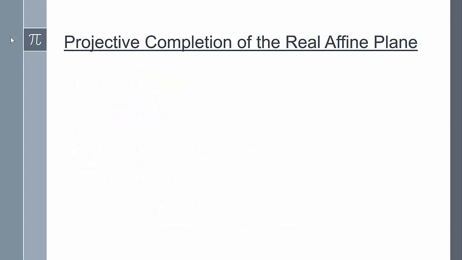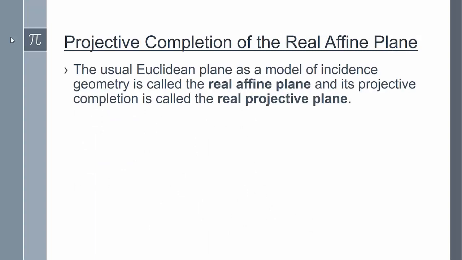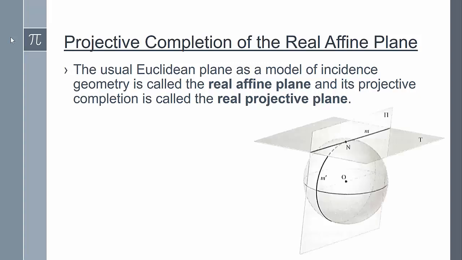So let's now talk about the projective completion of the real affine plane. When we look at the Euclidean plane as a model of incidence geometry, so as just satisfying the incidence axioms, we call that model the real affine plane. Its projective completion is called the real projective plane. So we're going to try to visualize this projective completion.